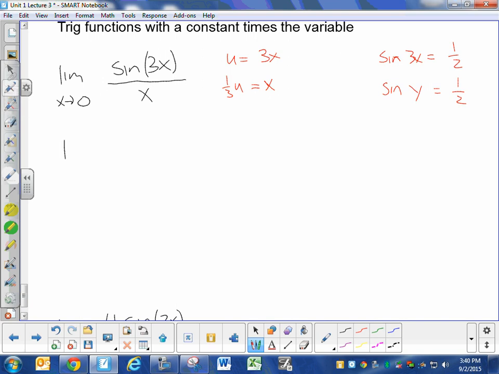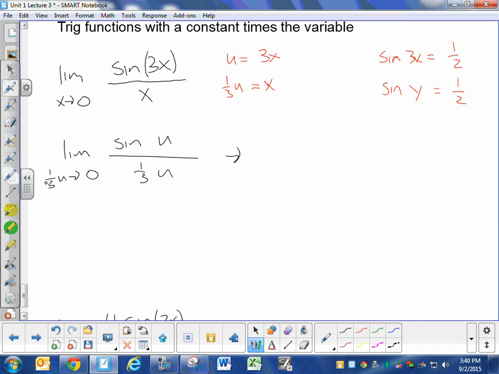Watch what I can do. I can say, okay, this is going to be the limit of, now, instead of x, I'll put 1/3 u, as 1/3 u approaches 0, of the sine of u divided by 1/3 u. All right. Just whenever I saw 3x, I replace it with u. Whenever I saw x, I replace it with 1/3 u. All right, well, I can kind of split this up.